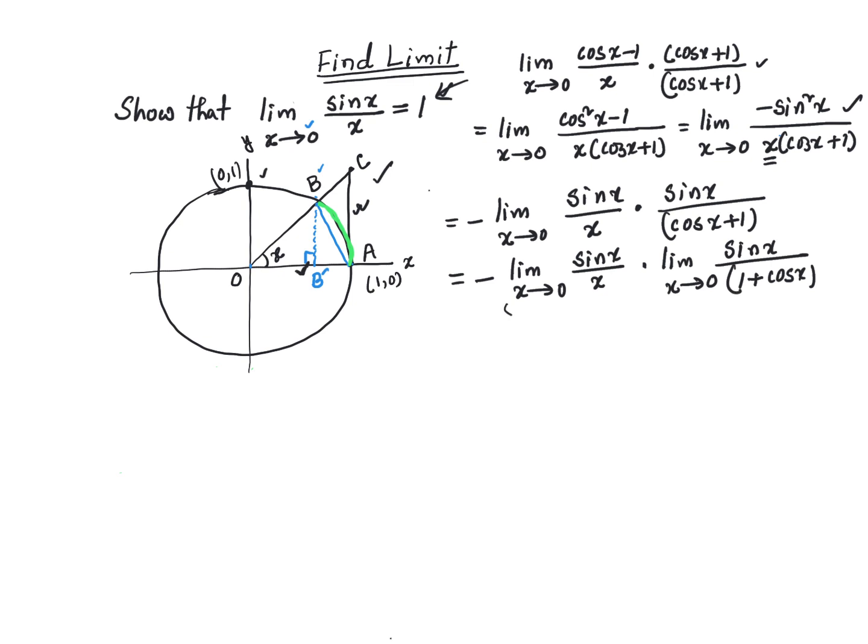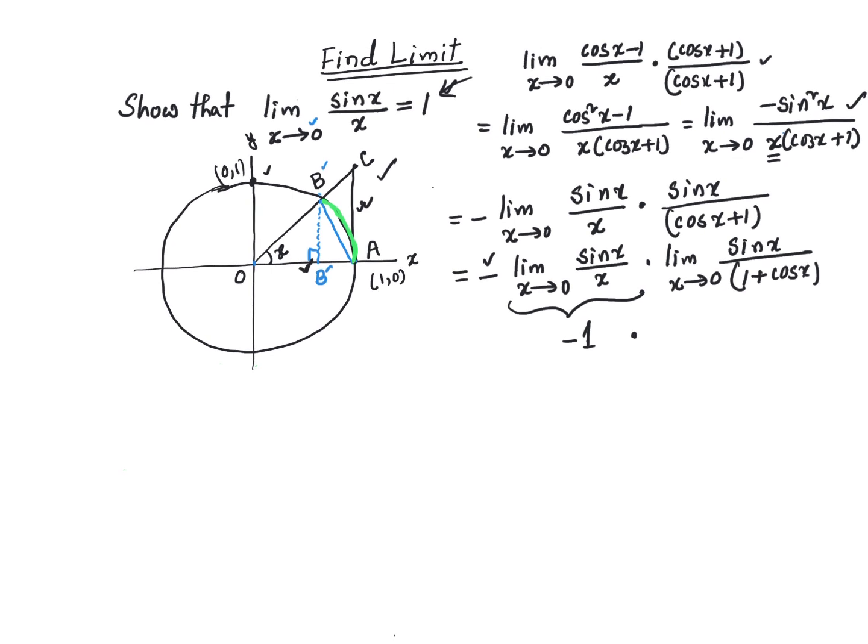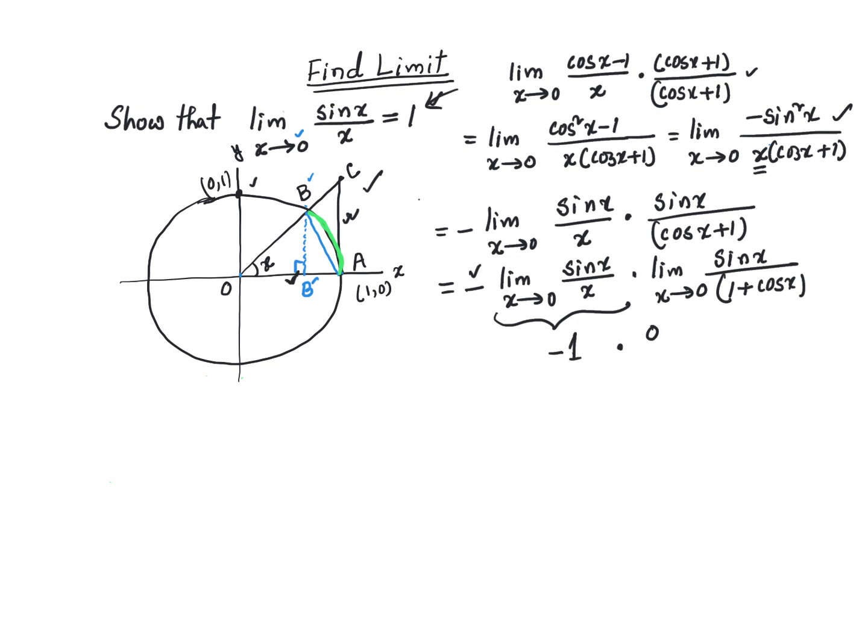Now we know that this is 1, so it's going to be negative 1 because of the negative, times, as x approaches 0, the numerator becomes 0, sine of 0 is 0, divided by 1 plus 1, because as x approaches 0, cosine of 0 is 1. That gives me nothing but negative 1 times 0, which is 0. So we just derived that the limit as x approaches 0 of cosine of x minus 1 divided by x is 0.